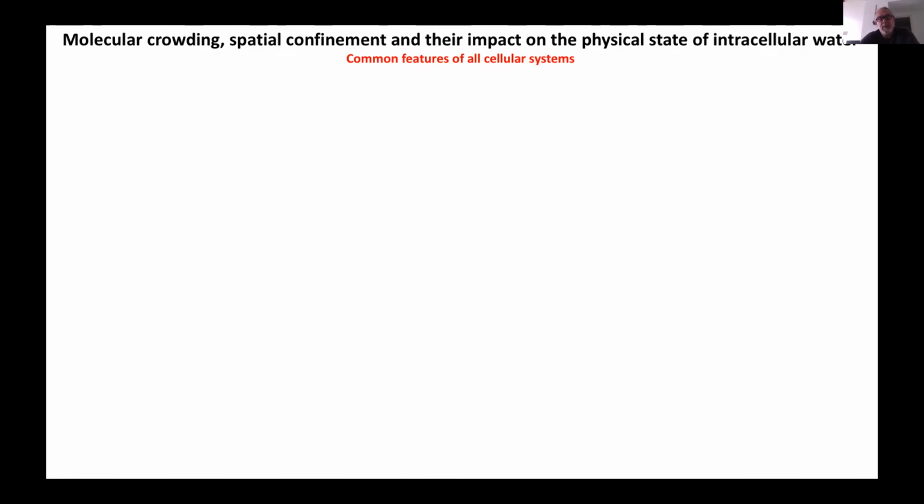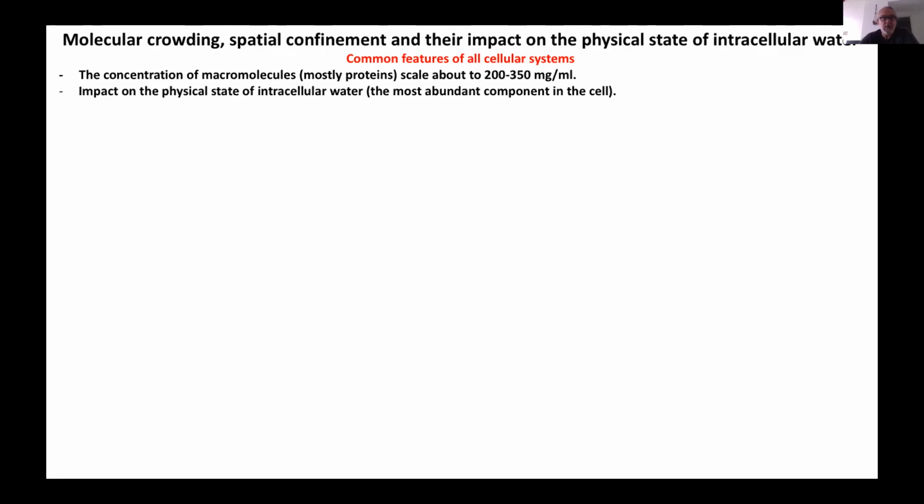One very important point in all these concepts regarding the canonical model is that although molecular crowding and the spatial confinement that happens in the cell are acknowledged, they are not really incorporated in the model. Obviously, in an environment like the intracellular one, you have a really high concentration of macromolecules, around 200 to 350 milligrams per milliliter, which is a lot.